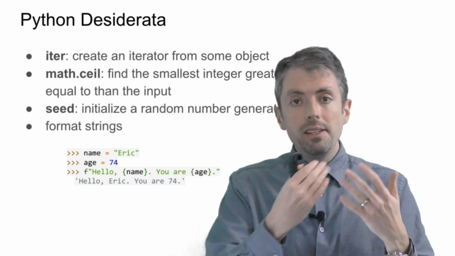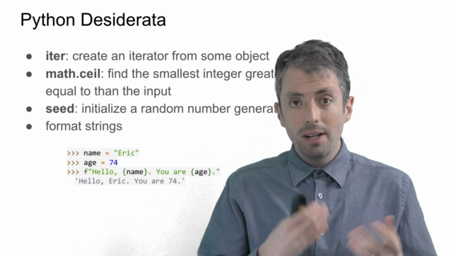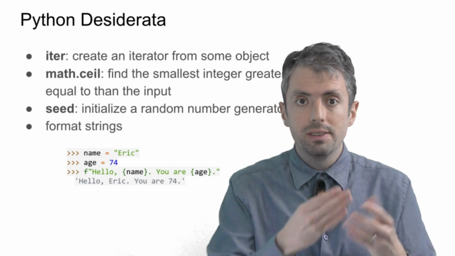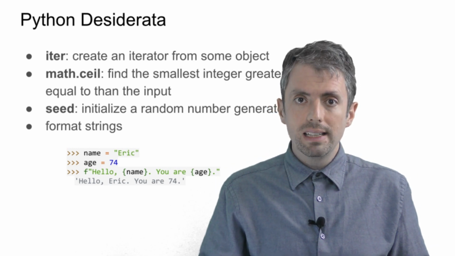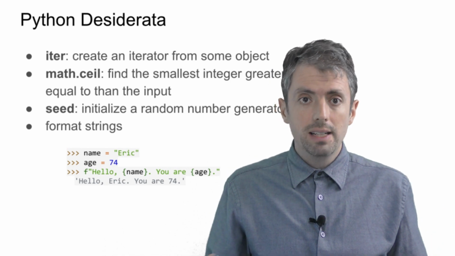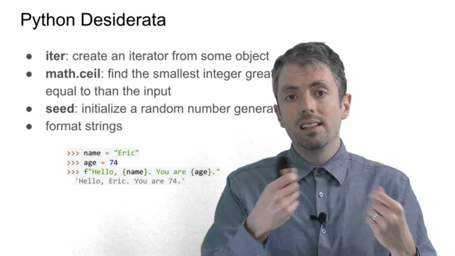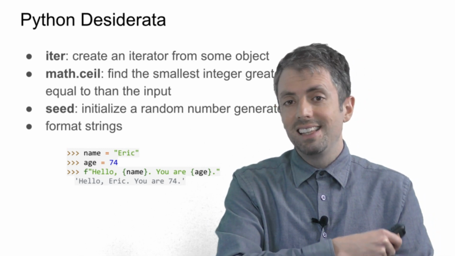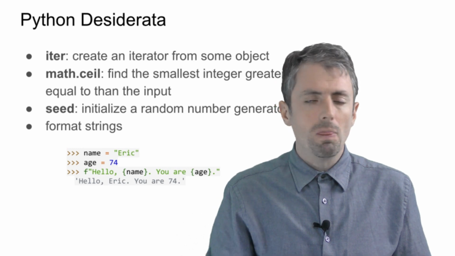First, he uses some aspects of Python that you haven't seen yet in my code. And so one thing that you will see for the first time is the keyword iter. So this is really simple. It just creates an iterator from some object. And so this allows you to use a for loop and go through the object lazily.